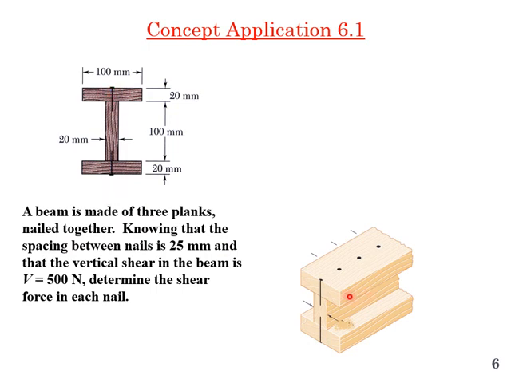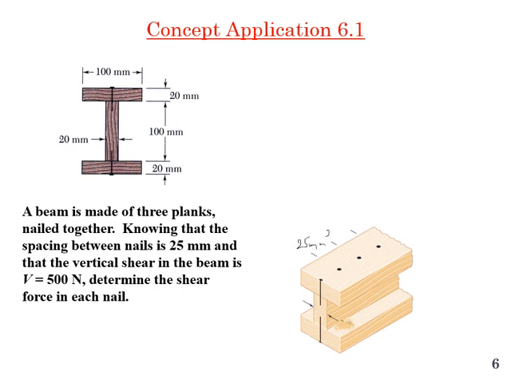If you look at the beam, we have multiple nails, 1, 2, 3, 4, in a whole long beam, at fixed positions. The spacing between the nails is 25 millimeter, meaning the distance from one nail to another is 25 millimeter.